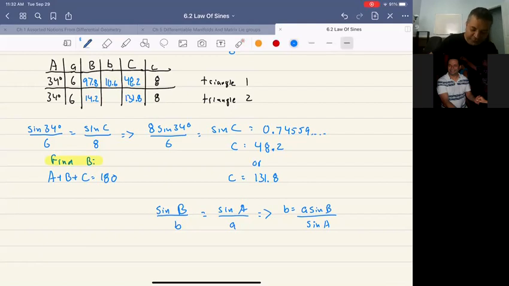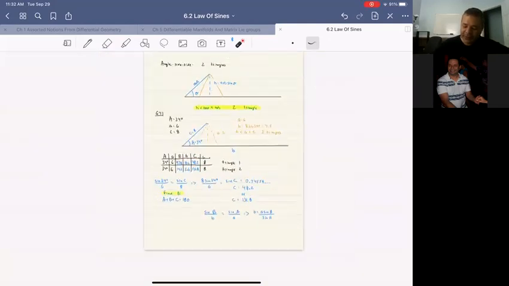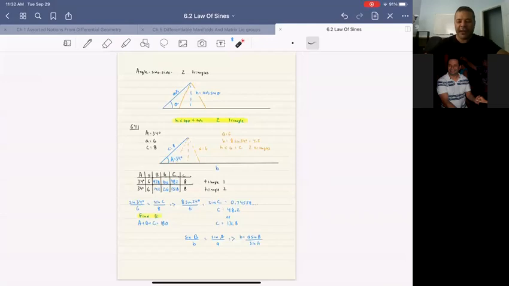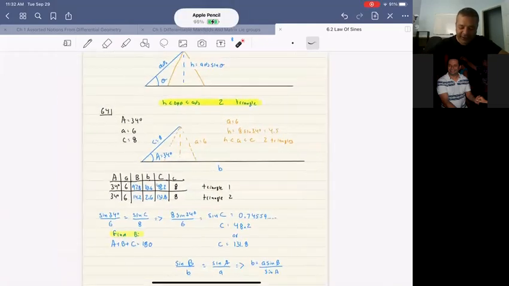I get 2.6. Okay, again, sanity check. B is the smallest angle in this case, and so side b should be the smallest side. Okay? All right, that's it for angle side side.